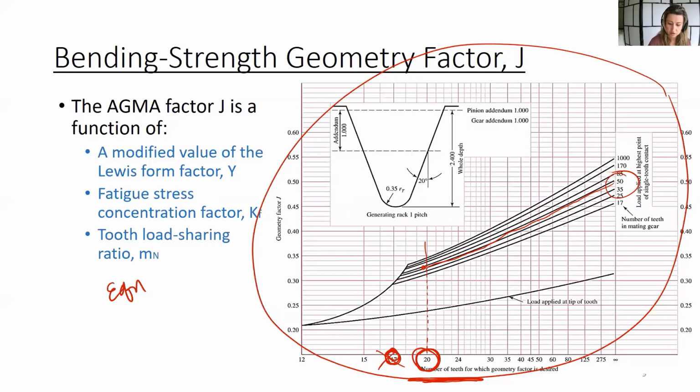The pinion is what we're interested in figuring out the stress for. Then draw a line. I know that's not terribly straight, but it looks like J is about 0.32. Easy peasy. I didn't want to use 17 for that example because look how everything converges. A 17-tooth pinion is going to have basically 0.3 as the bending strength geometry factor, regardless of the number of teeth of the gear.